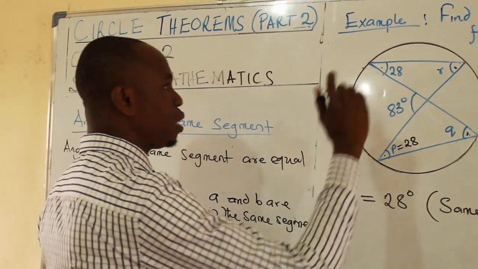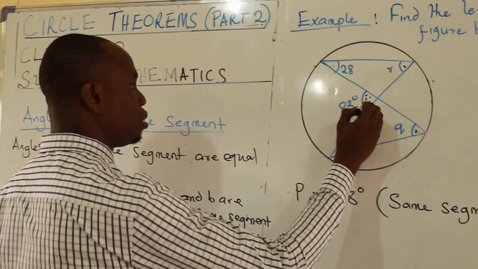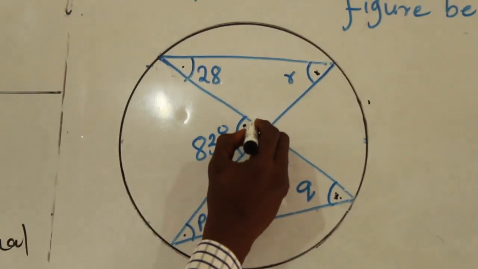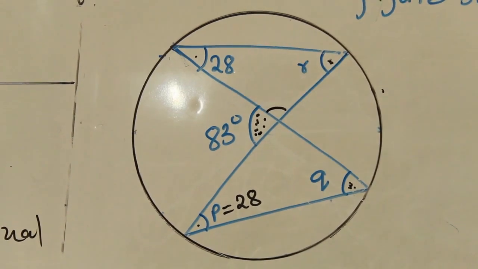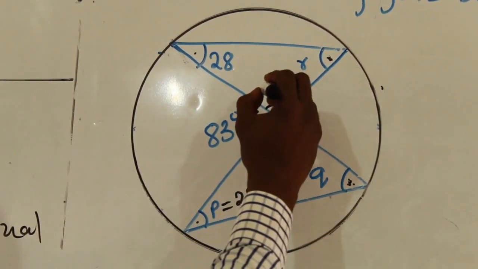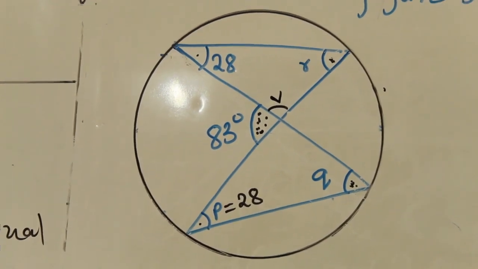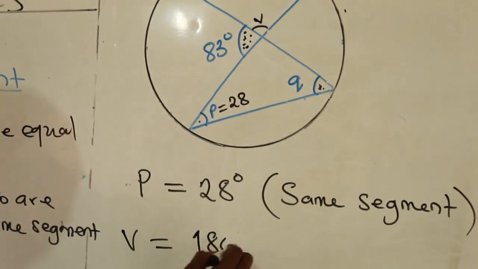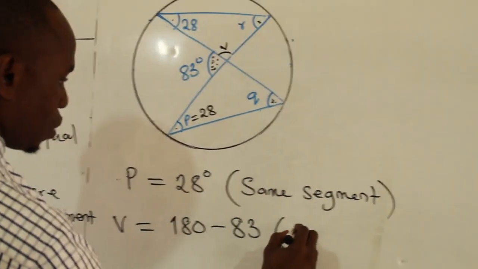How will this help me get R? I was told that this angle here is 83. With this 83, I can get this angle because they are on a straight line. I can label this part as V. In order to get V, I would say 180 minus 83, and that is straight line.